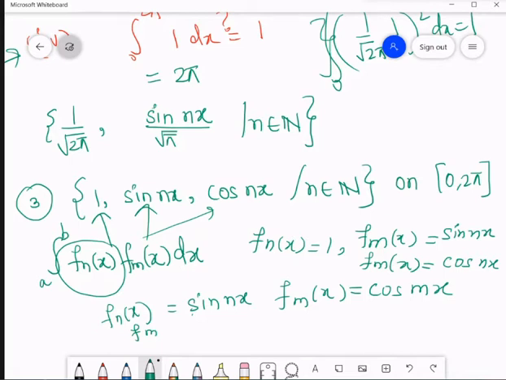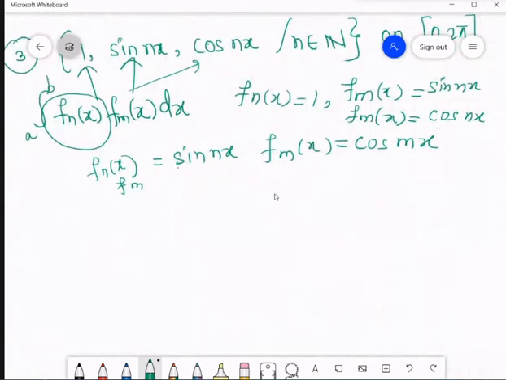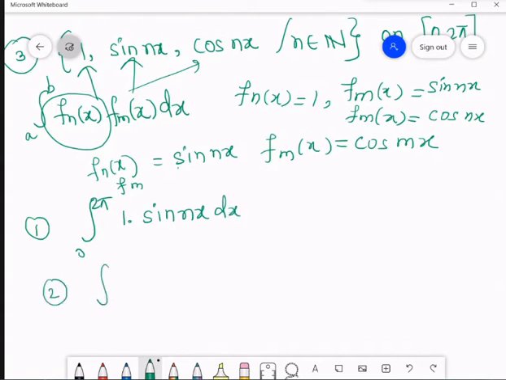Now let me write it properly. What all things are we going to evaluate here? Number 1: integral 0 to 2 pi, 1 into sine nx. Second, what are we going to evaluate? 0 to 2 pi, 1 into cos nx.